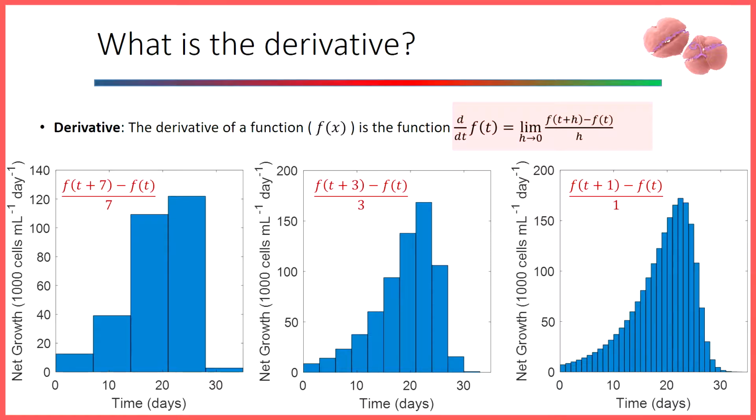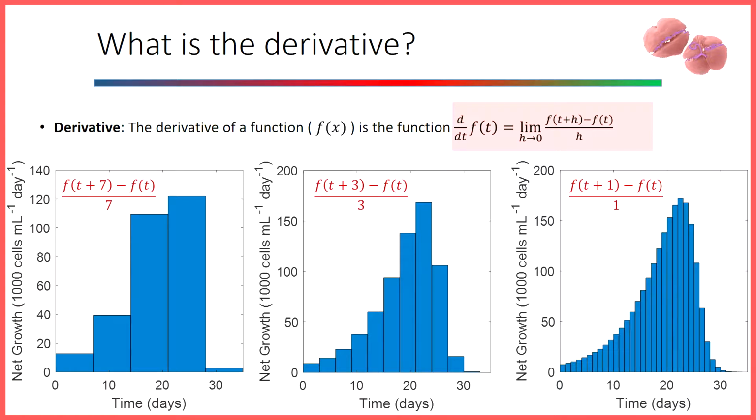We can also see something really important. As we make h smaller, or in other words, as we make our measurements more frequently, we get more accurate results. Let me say that again. As h gets smaller, we start to get more accurate results of how the growth rate is changing in time.